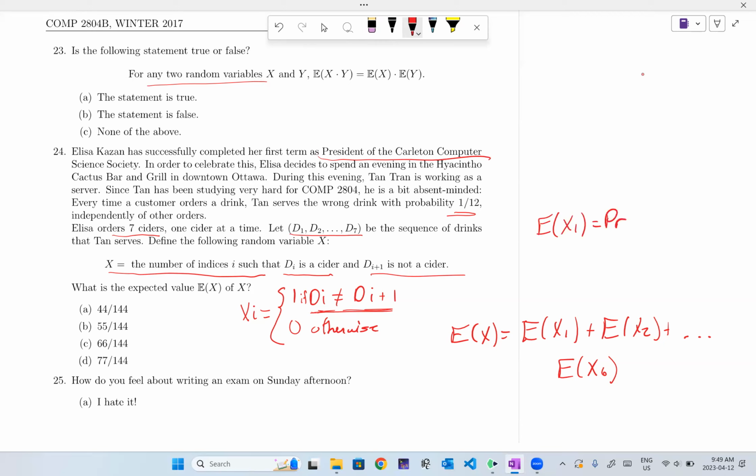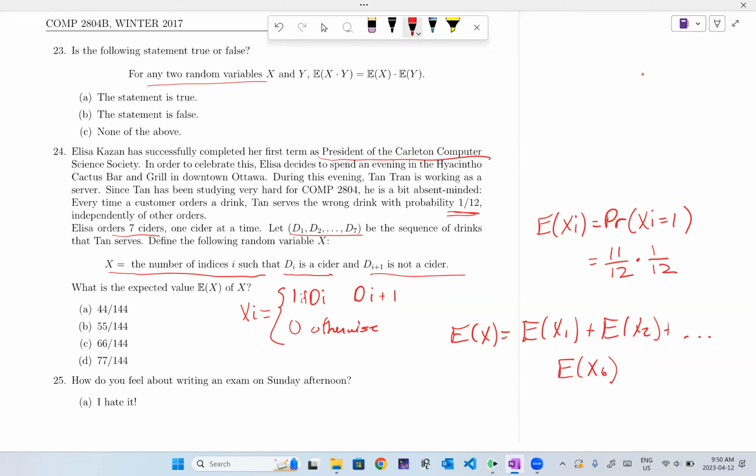The other is that I need to determine this probability, which is the event that, for any i, D_i is a cider and D_(i+1) is not a cider. So D_i is a cider with probability 11/12, and it's not a cider with probability 1/12.